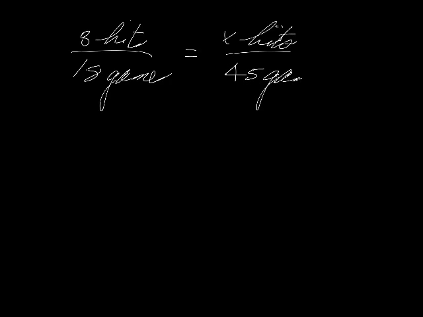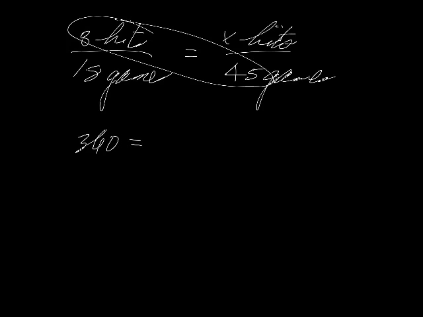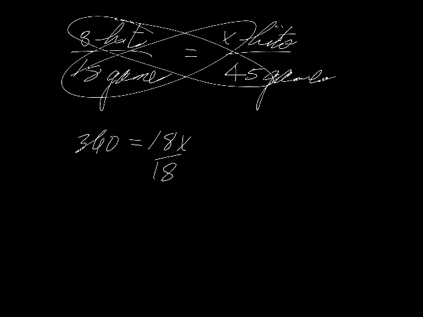So that's hits. Notice games is on the bottom, if you can read my writing. So we're going to multiply these two, and 8 times 45 is going to be 360, and that's going to equal 18x. Divide by 18, those go away, and our x equals 20.